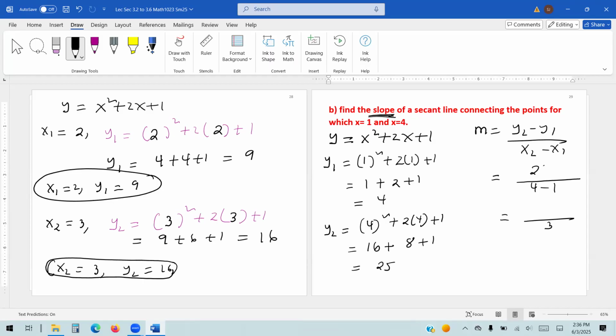So the numerator is 25 minus 4. That gives us 21. But you cannot stop here. Remember I said, anytime you can simplify, you must simplify. So how many times does 3 go into 21? 7. So the answer is 7. Any questions from anyone?